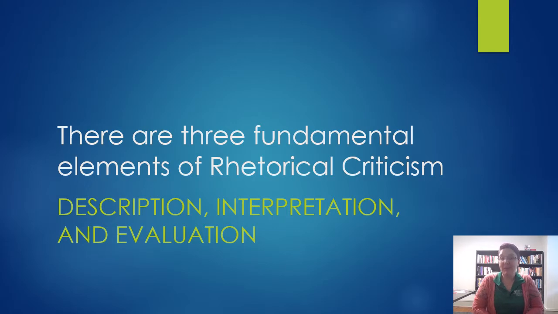Every rhetorical critic does work to describe texts, interpret those texts, and evaluate those texts. We're going to explore lots of methods on how to do these three things this year, but it's important that you start with these three basic ideas.